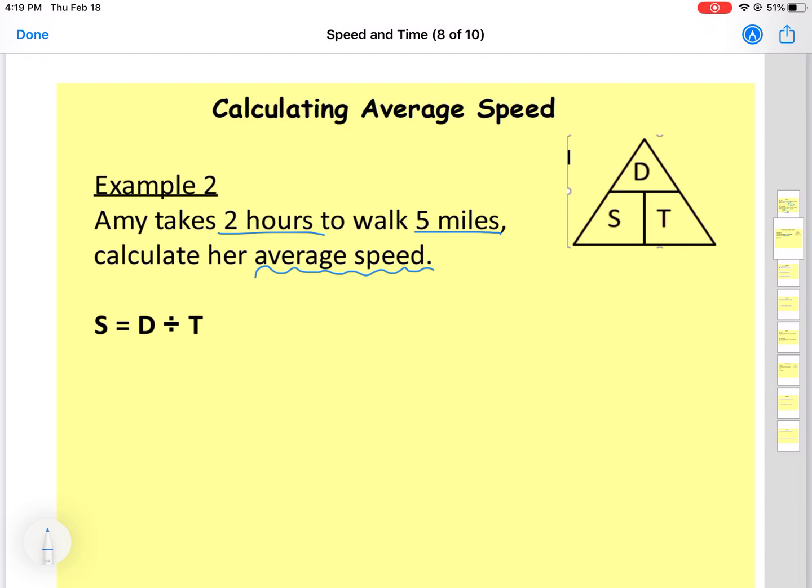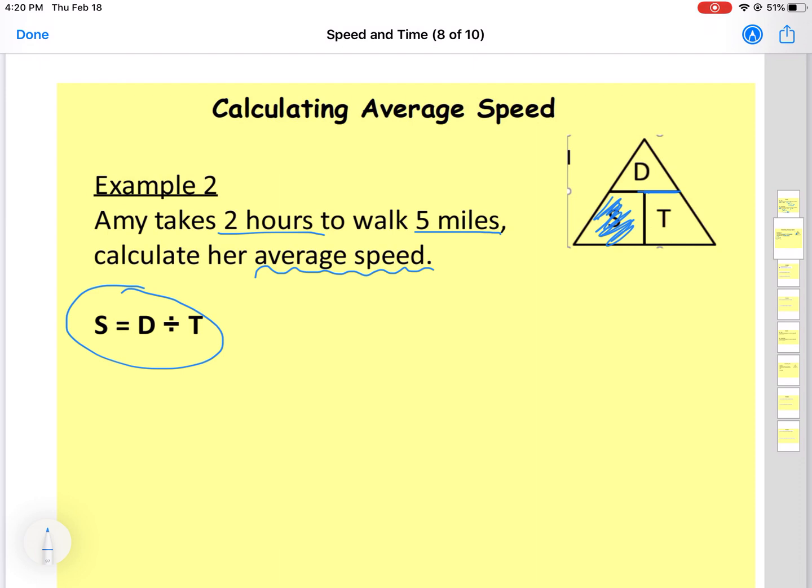So if we were to try and use the triangle to create this formula here, I could say, well, I want to find speed, so let's cover up speed. And then I've got here distance and time. Now there's a reason that distance is on the top of this triangle. That line here represents the fraction line.